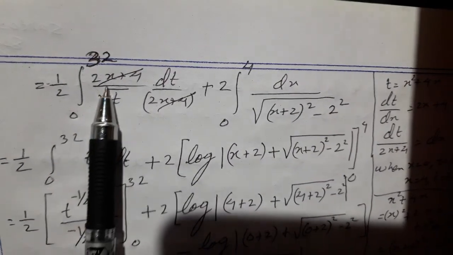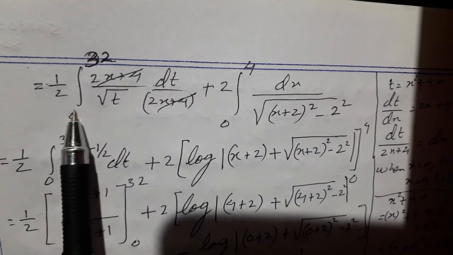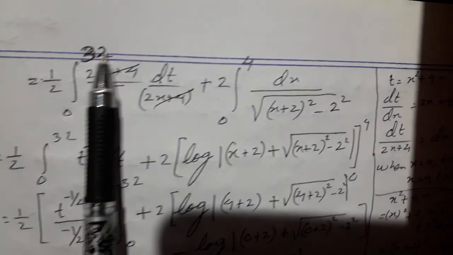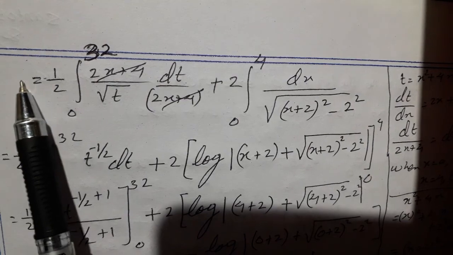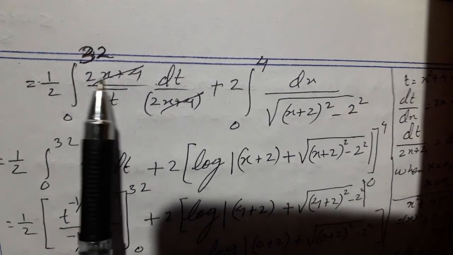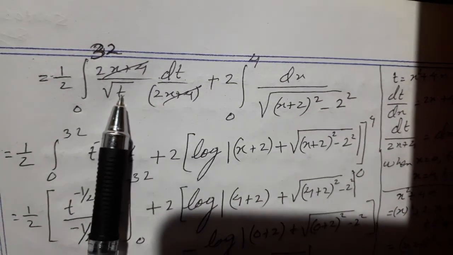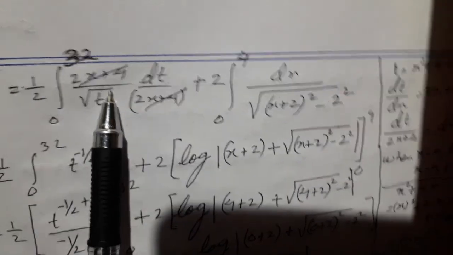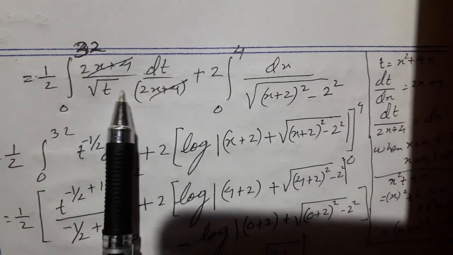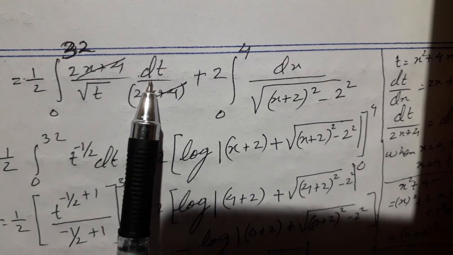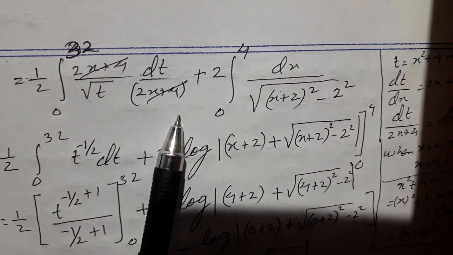So we have 1 by 2, integration 0 to 32, 2x plus 4 under the square root. In place of this I'm substituting t, dt by (2x plus 4).